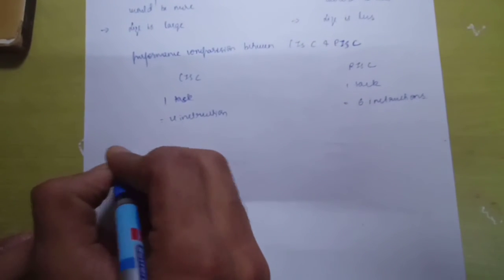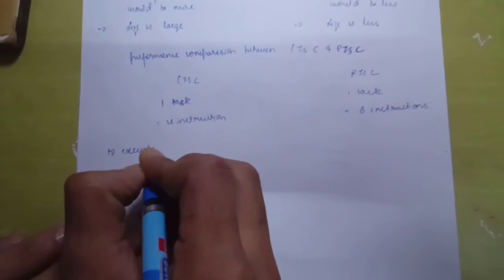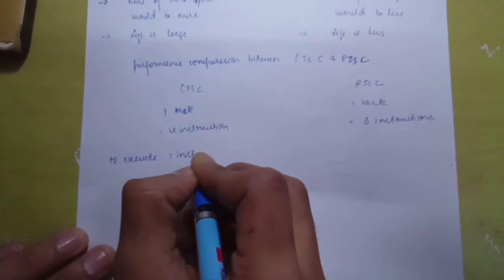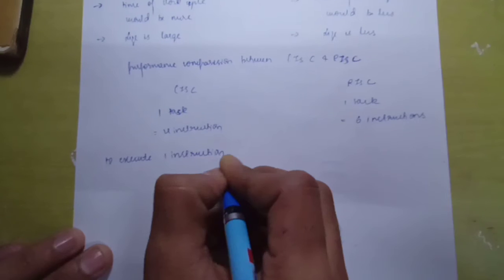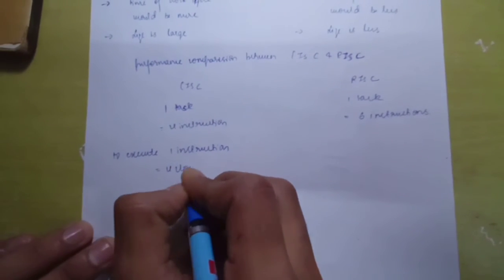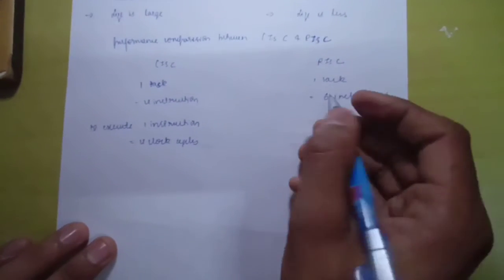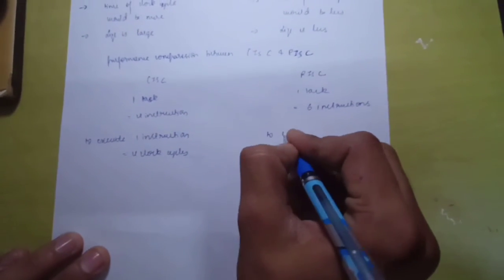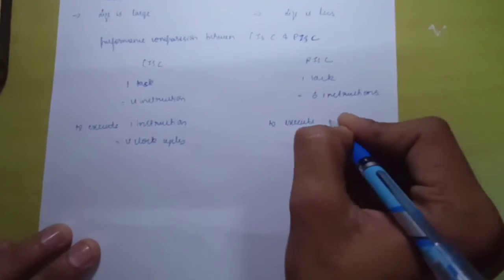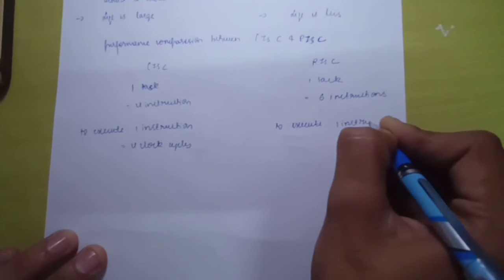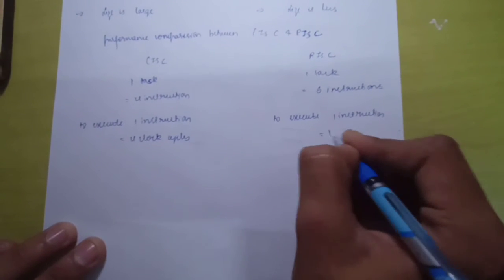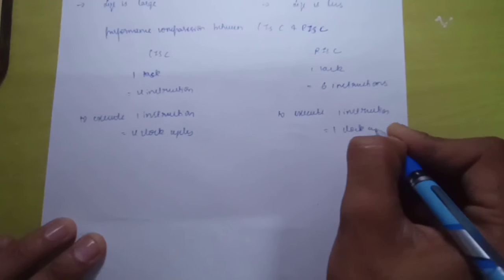Let's say to execute one instruction we require 4 clock cycles. Since the instructions would be simpler in RISC, let's say to execute one instruction we require 1 clock cycle.